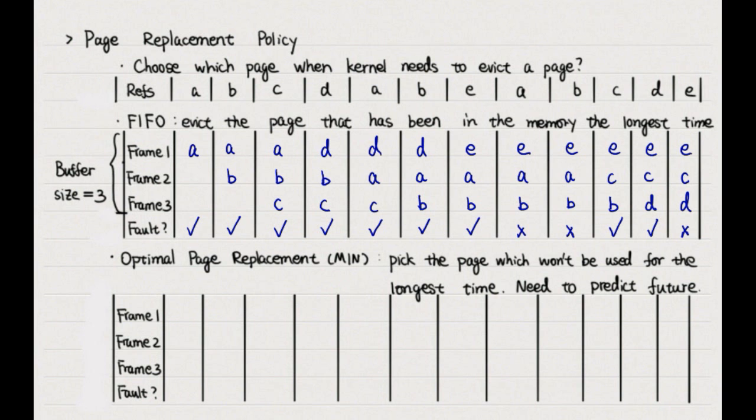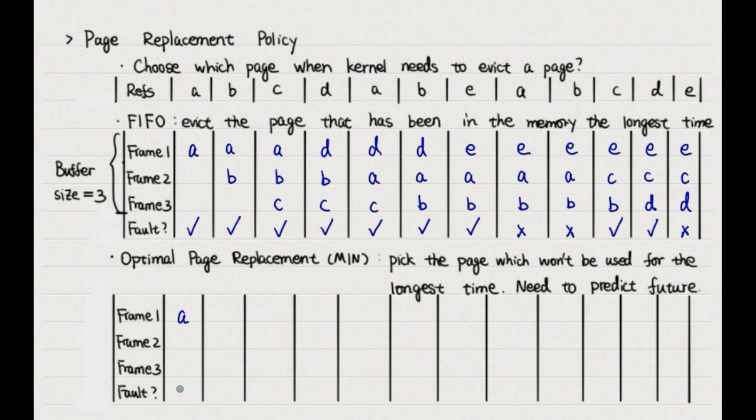There is also an optimal page replacement policy for demand paging called MIN. Replace the page that will not be referenced for the longest time. MIN requires knowledge of the future.